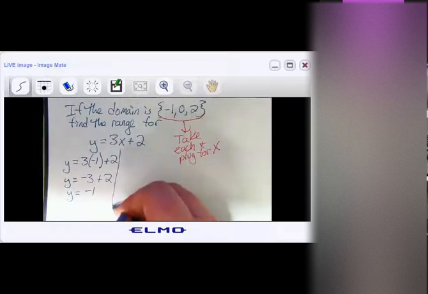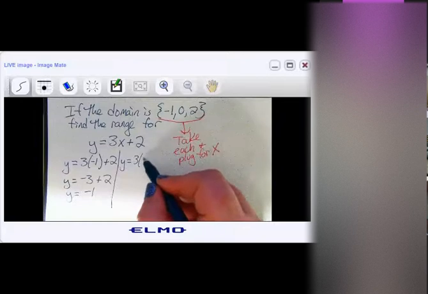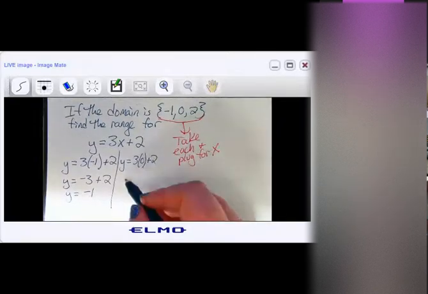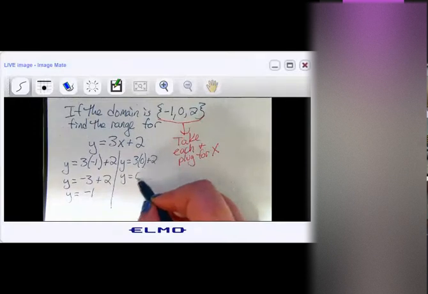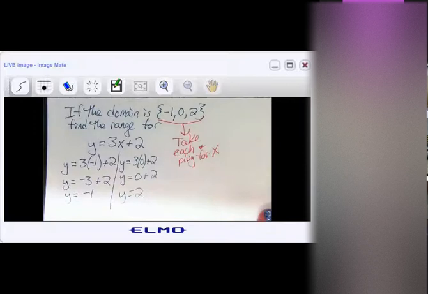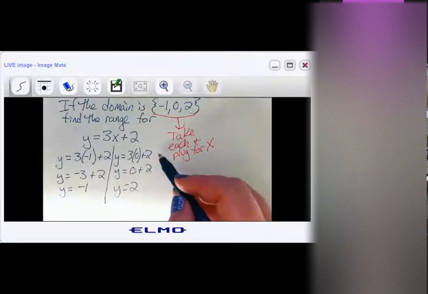Then I'll do the next one. Y equals 3 times 0 plus 2. That one's a little bit easier. You can probably do it in your head. That's just going to be 0 plus 2 or 2. Awesome. I have my second answer, and now I just have to do it for +2.